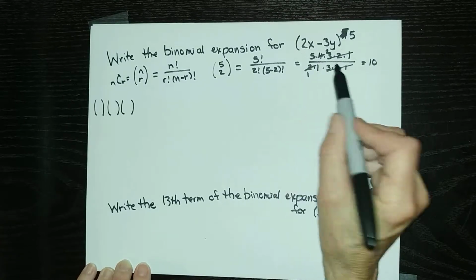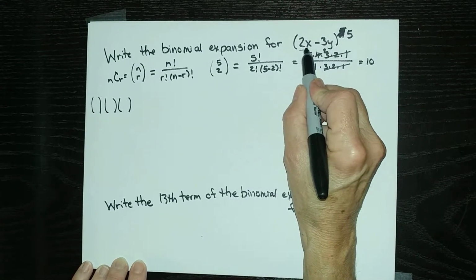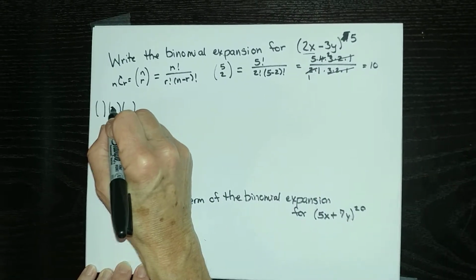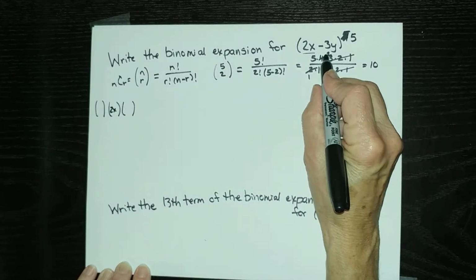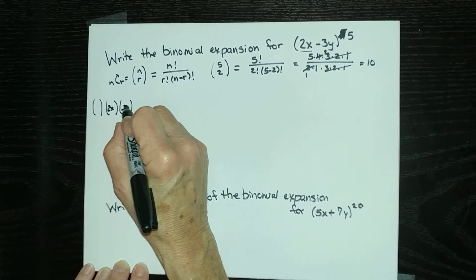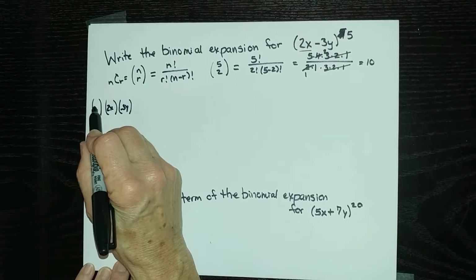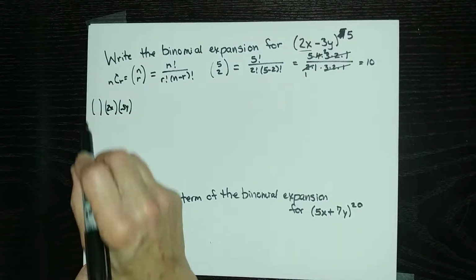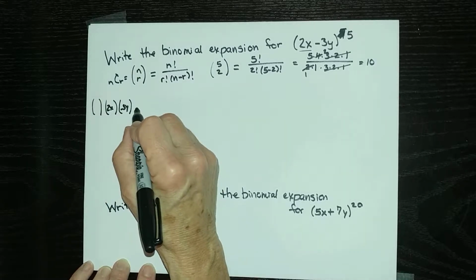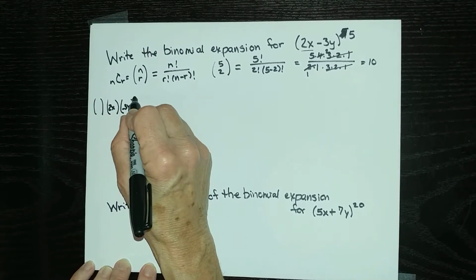The first term of this binomial expansion is 2x. 2x will go here, and negative 3y will go there, and then I'm going to put numbers in here to figure out the coefficient. We're also going to put powers on each term.